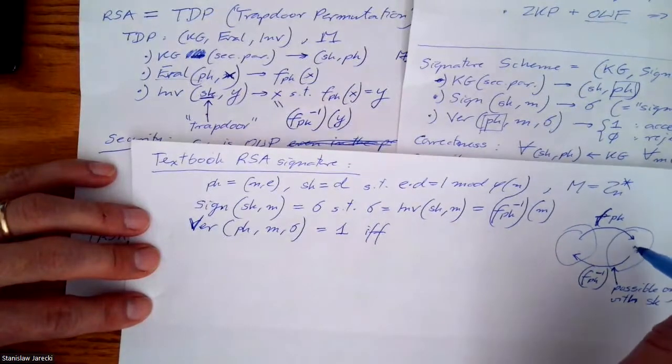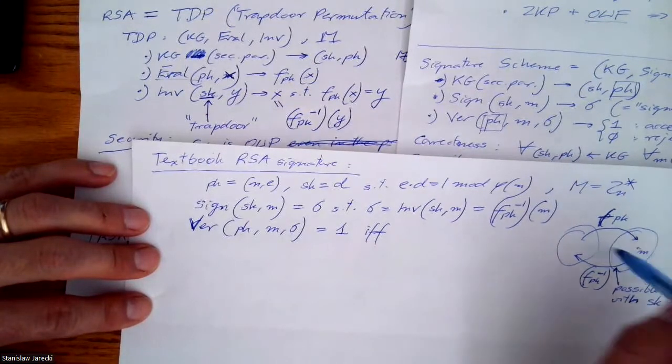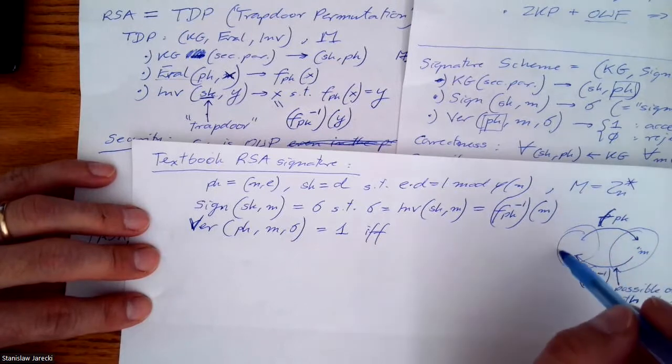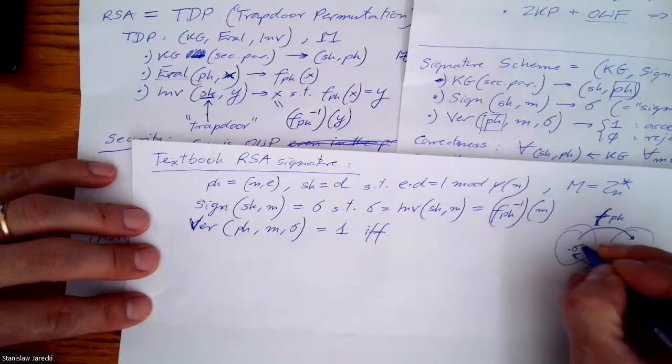So we signed by treating the message as an output of this function and inverting it. This was our signature.